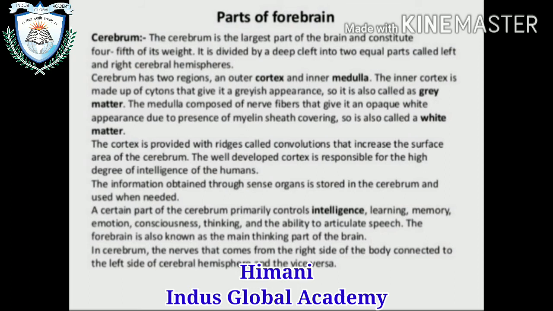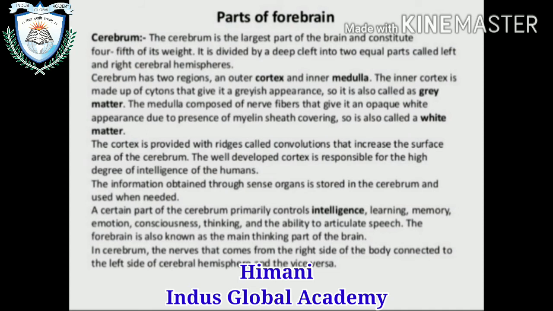The cortex is provided with ridges called convolutions, or bulges, that increase the surface area of the cerebrum. The well-developed cortex is responsible for the high degree of intelligence of humans. The information about the sense organs is stored in the cerebrum and used when needed.